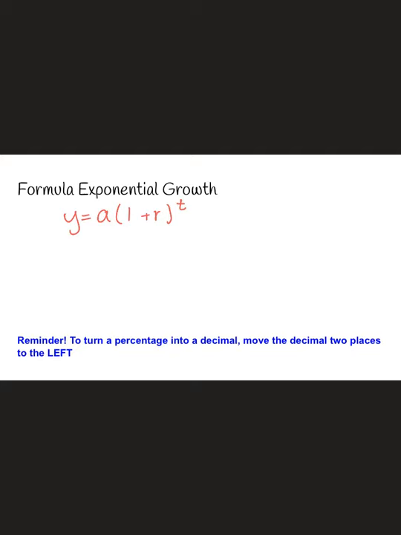A is the initial amount. That's what you're starting with. R is the growth rate.